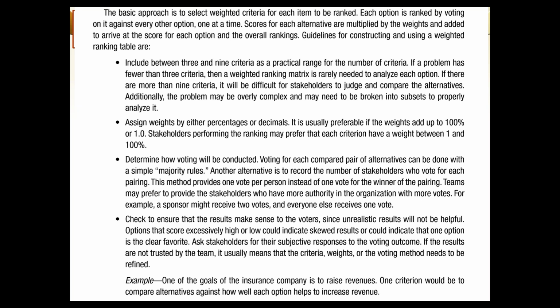Everybody should know which mechanism or method we are using, how we are scoring, how we are giving the weightage, and even after having done all that, at the end of the day, we are confirming it from the stakeholders if they are satisfied with the result of the voting. And if they are not satisfied, we are ready to revise the mechanism and do the voting again.